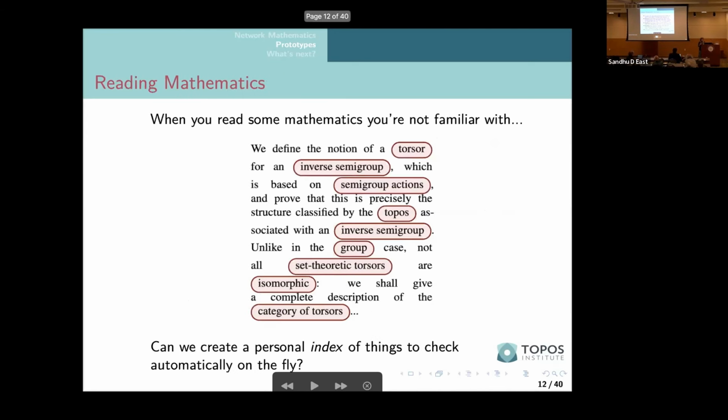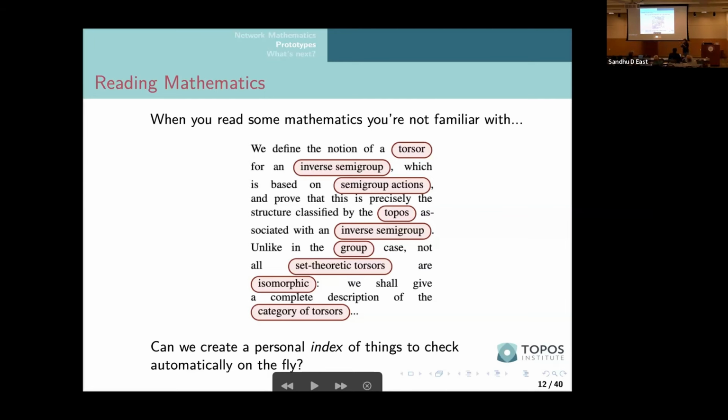Again, I'm sorry if this is dumbing down, but what I mean by this business of extracting concepts is something like this. If you see a text like this one, we define the notion of a torso for an inverse semigroup, which is based on semigroup actions, and prove that this is precisely the structure classified by the topos associated, blah, blah, blah.